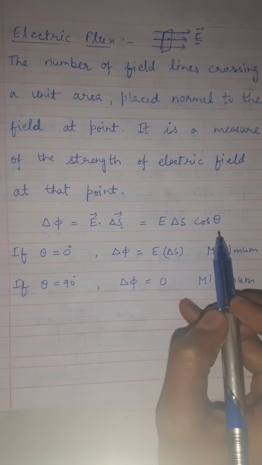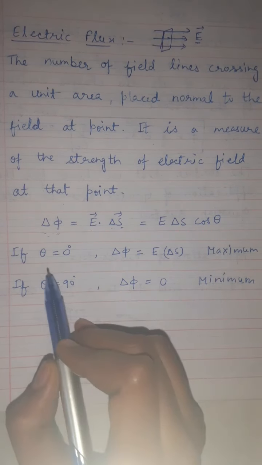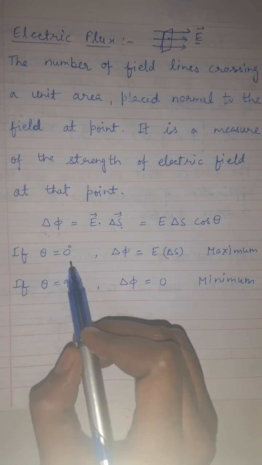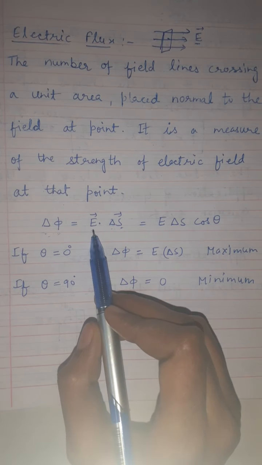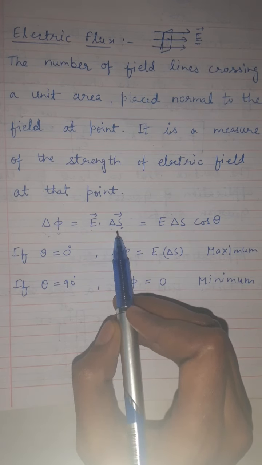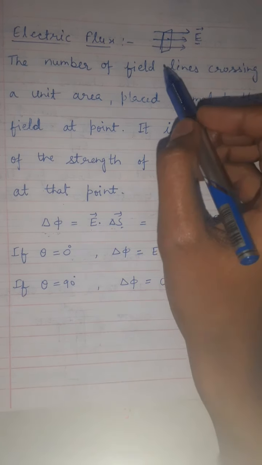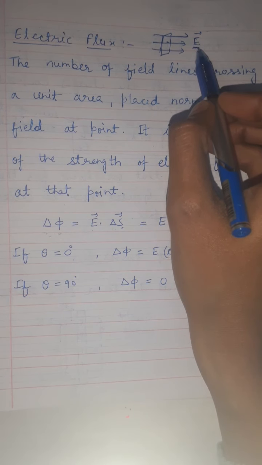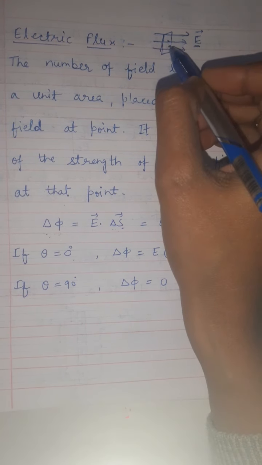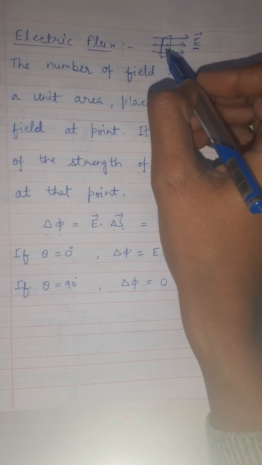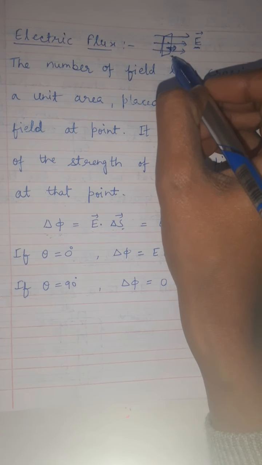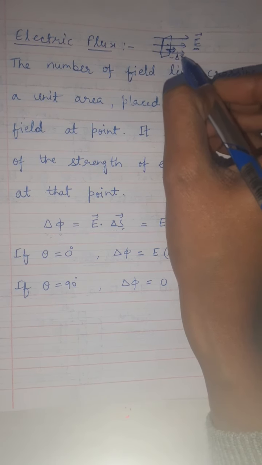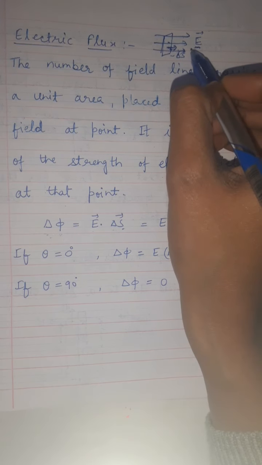So if we consider two special cases, theta is equal to 0, it means the angle between this electric field and surface area is 0. Like in the present case, electric field is in this direction and the surface area vector delta S is always normal to the surface.